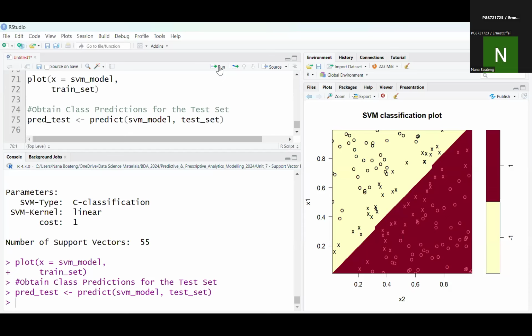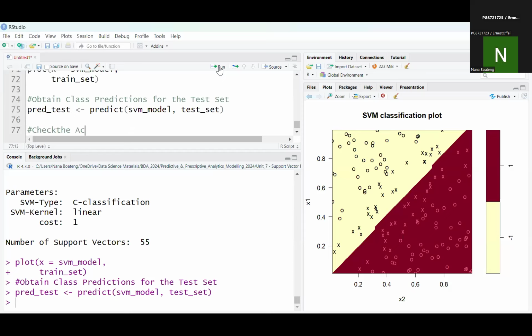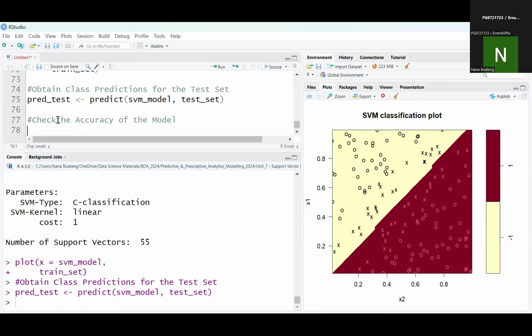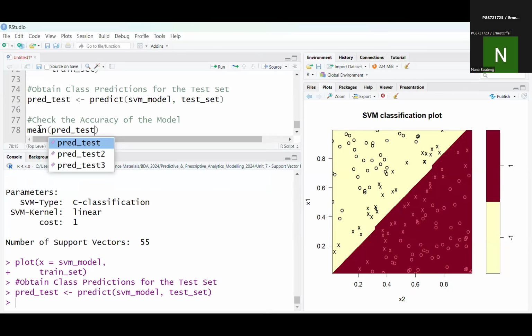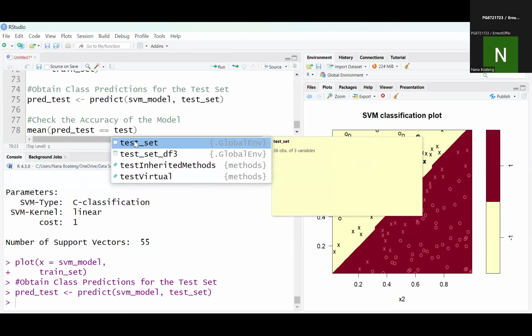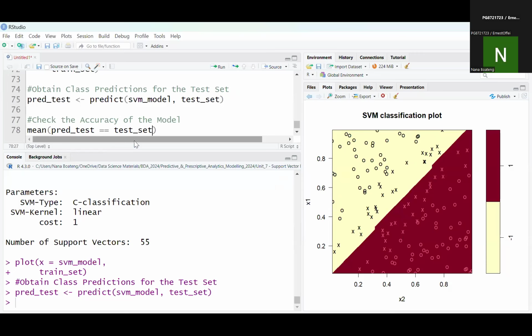So let's check the accuracy of the model. We use our pred_test and then compare it with our test set, the Y column.